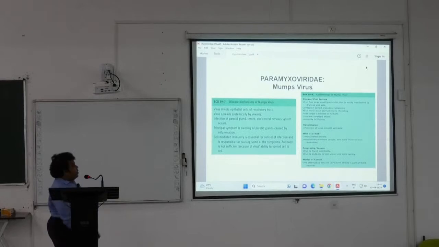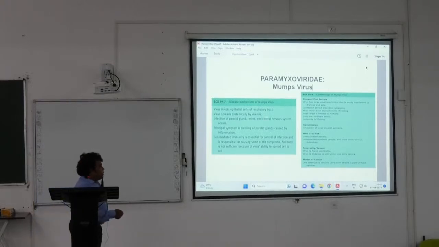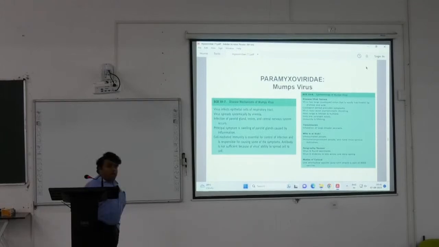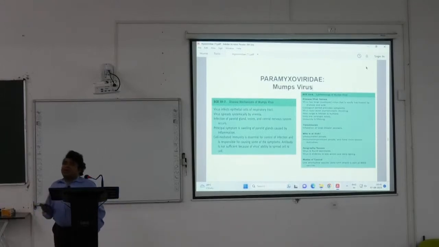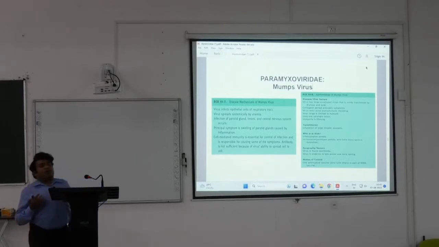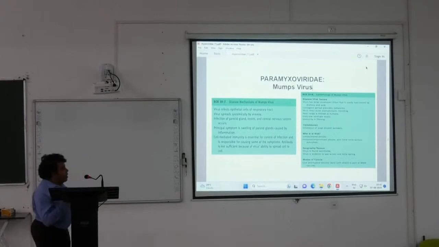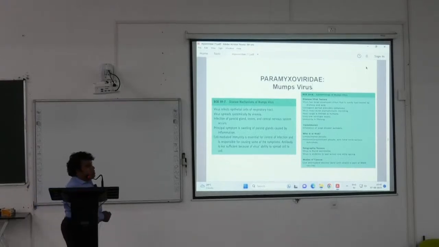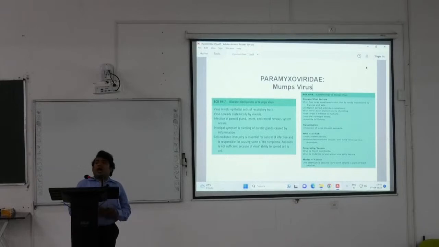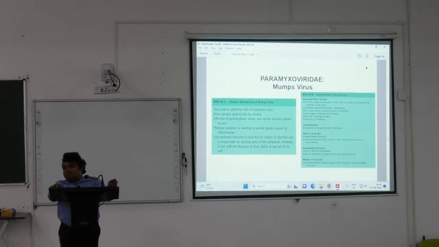But over here, it infects the glands, commonly the parotid glands, and in males, it can infect the testis and central nervous system. So it causes parotiditis, inflammation of the parotid gland, swelling of the face. And if this infection occurs after puberty, it can cause orchiditis, that is inflammation of the testis.